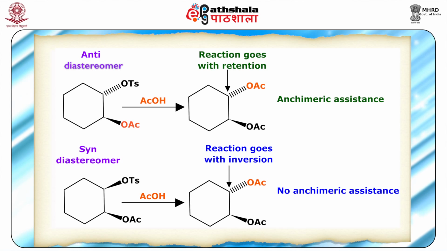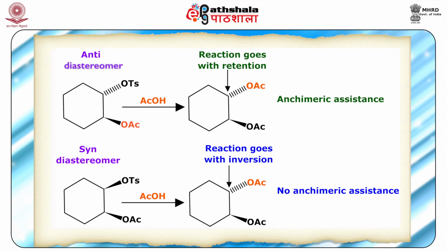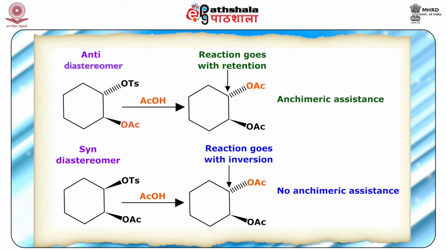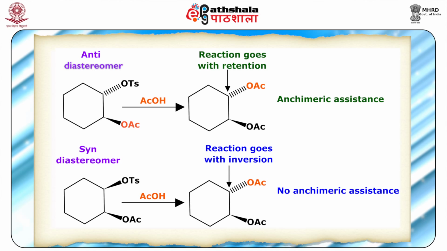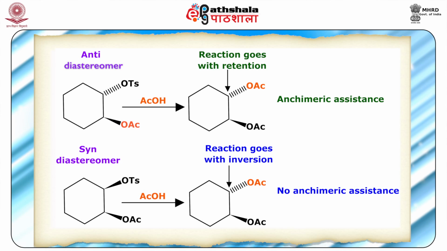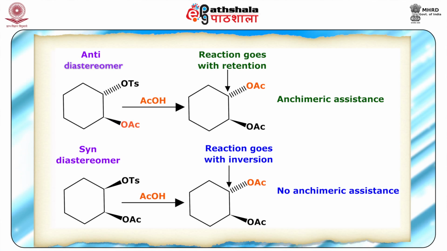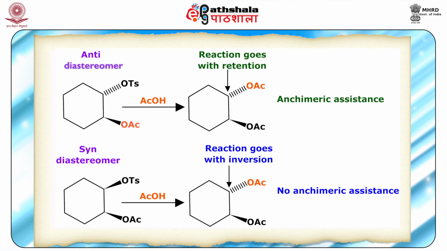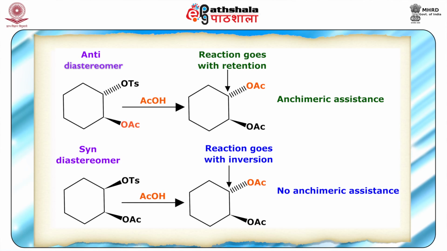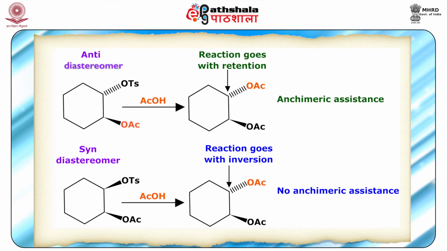So, although the product obtained is the same in both cases, it is noteworthy that in the earlier case, where we started with this anti-diastereomer, there is anchimeric assistance, but when we start with the syn diastereomer there is no anchimeric assistance, and that is why the inversion happens via the SN2 mechanism.